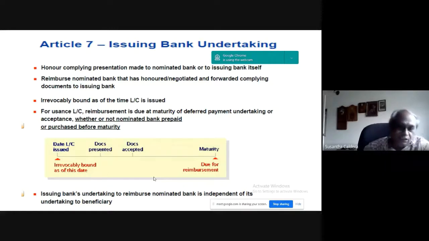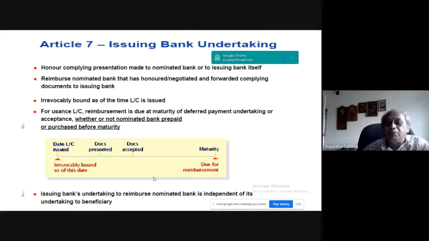From the date the LC is issued, the issuing bank is irrevocably bound as of this date under the LC terms. Then the documents are presented and accepted by the issuing bank.